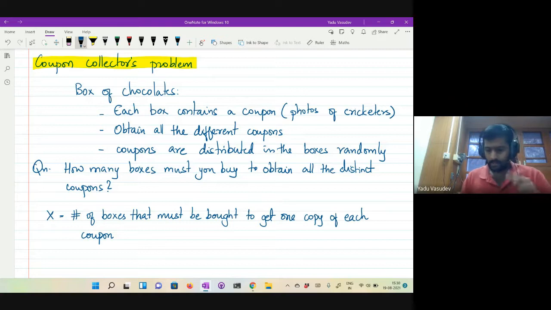Once again, we will not analyze this random variable this way, right? We'll try to decompose this random variable into simpler random variables, and we will see.